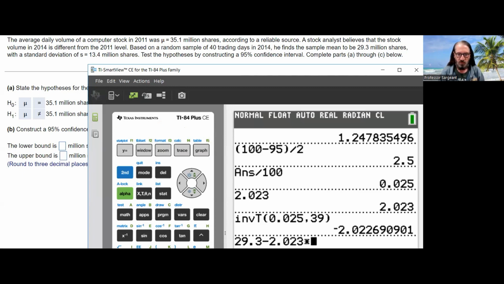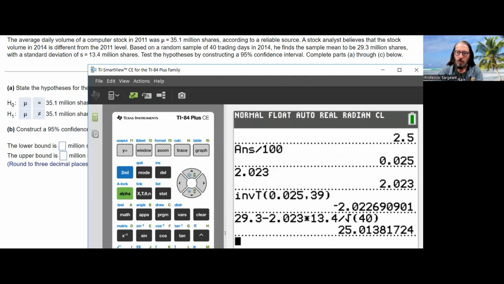If I remember correctly, standard error is S over square root of n. 13.4 divided by square root of 40. And then I'm going to change that to a plus to get the upper bound.